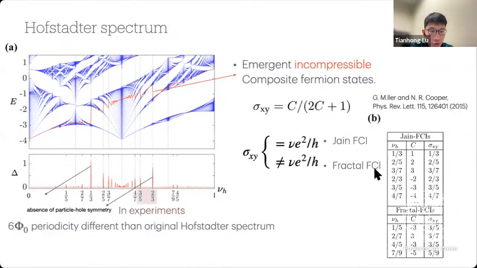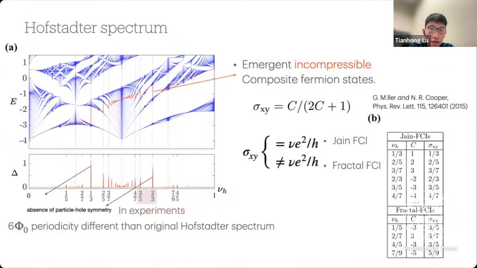So we can look at the spectrum, find all those incompressible states, calculate the total Chern number, and map this back to the Hall conductance of the electronic states. We summarize that in a table, as you can see here.